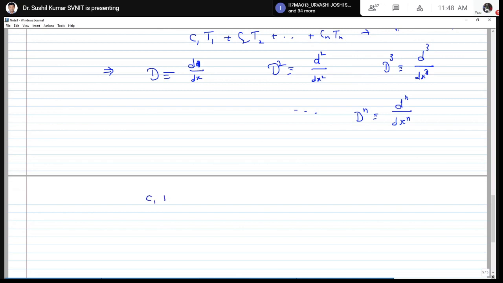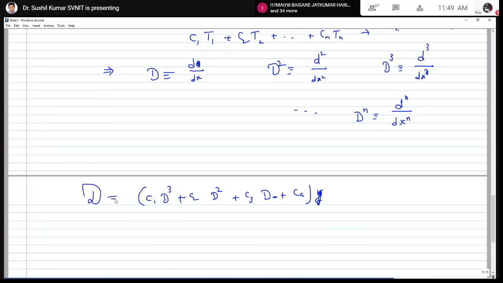If I write c1 D cube plus c2 D square plus c3 D, and let's say some constant also, let's say it is some operator, let me not write capital D.